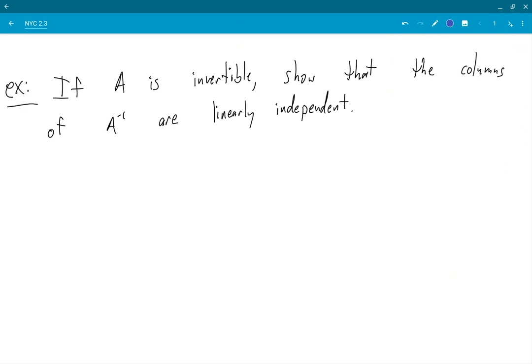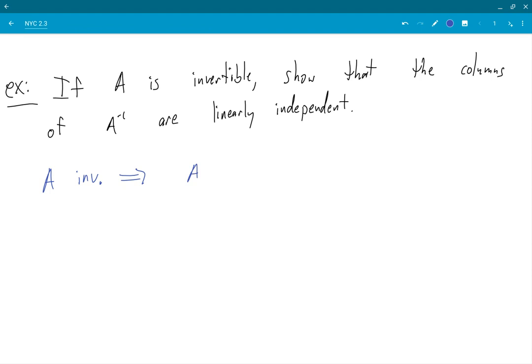Now, let's see. I want to use the invertible matrix theorem. So I'm going to form an argument here. So A is invertible. What does that imply? Okay, what's the quickest way to go about this?